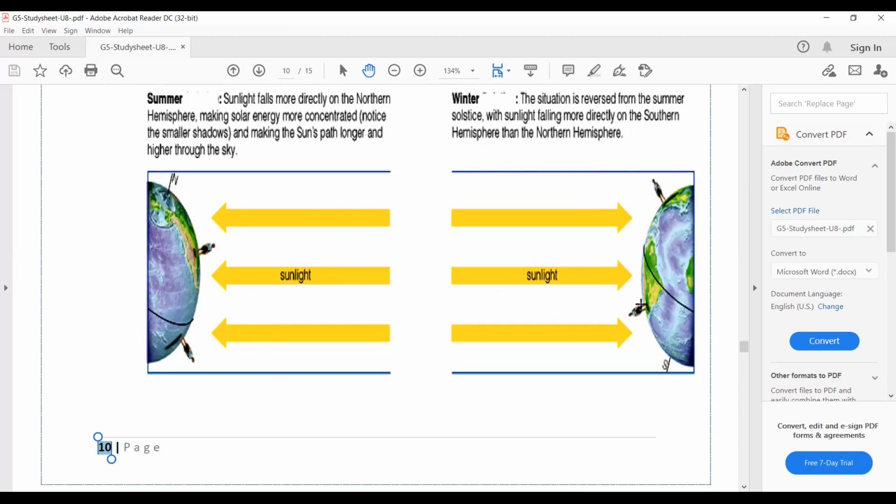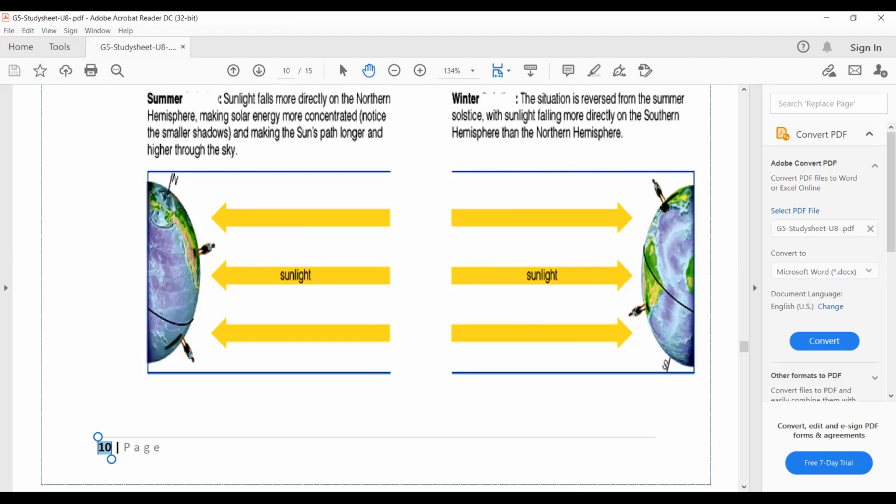Let's discuss when the northern hemisphere has winter. In the winter, the situation is reversed from the summer. The sunlight does not fall perpendicular on the northern hemisphere, but it falls perpendicular in the southern hemisphere.